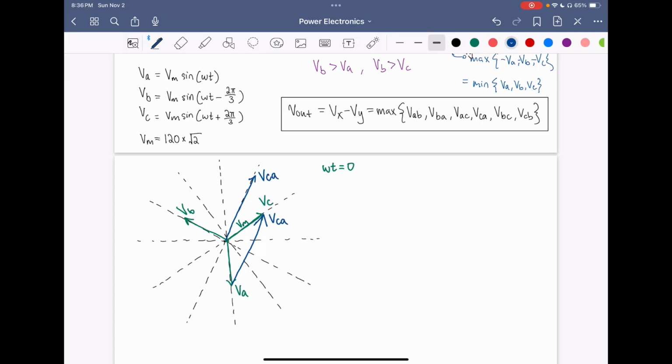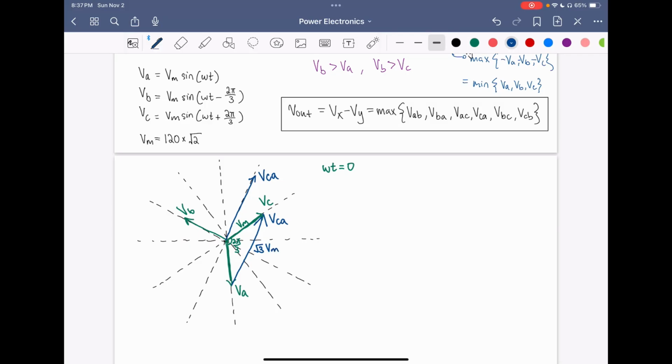Now, one more thing is that when we did that math there, if you do the trigonometry out, we know this is Vm, this is Vm, and this angle is 2 pi over 3. So just by doing the trigonometry out, you'll find that this value is square root of 3 times Vm.